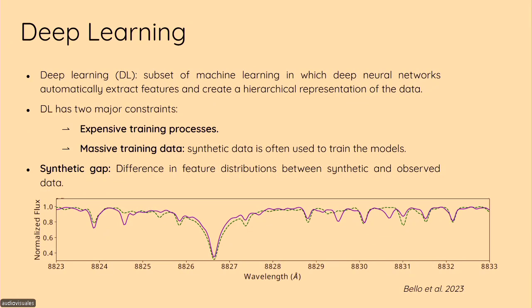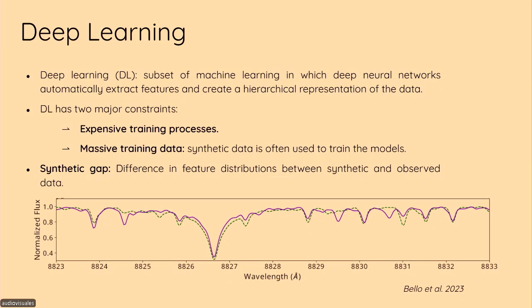And as you know, in science, it is often very complicated to obtain a big enough labeled training data set, and it is often impossible. And this is why synthetic data is often used to train these models. But this can be a problem if the synthetic data that you are using to train the models is not identical to the real data that you are going to infer on.